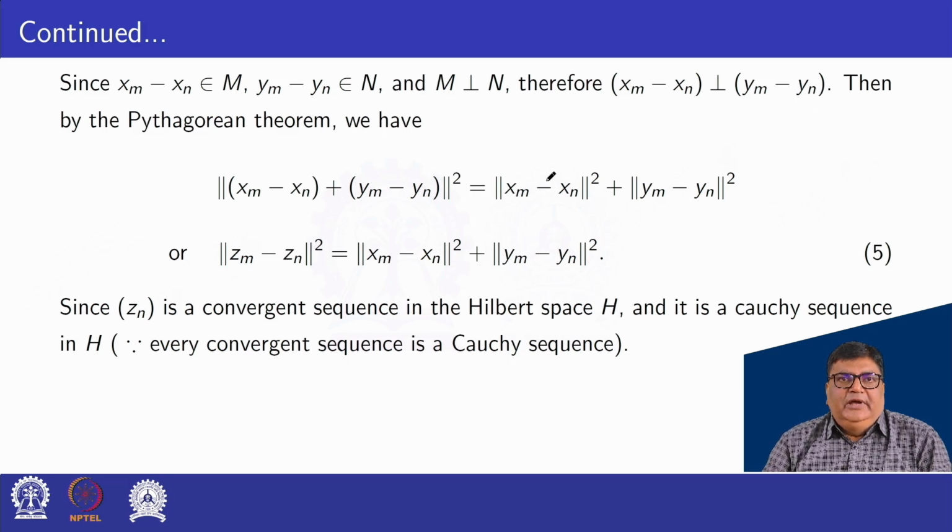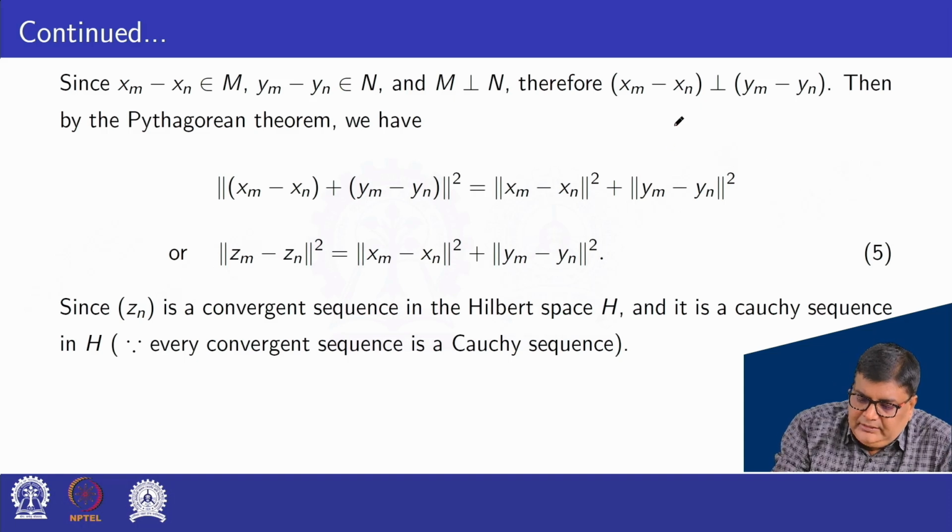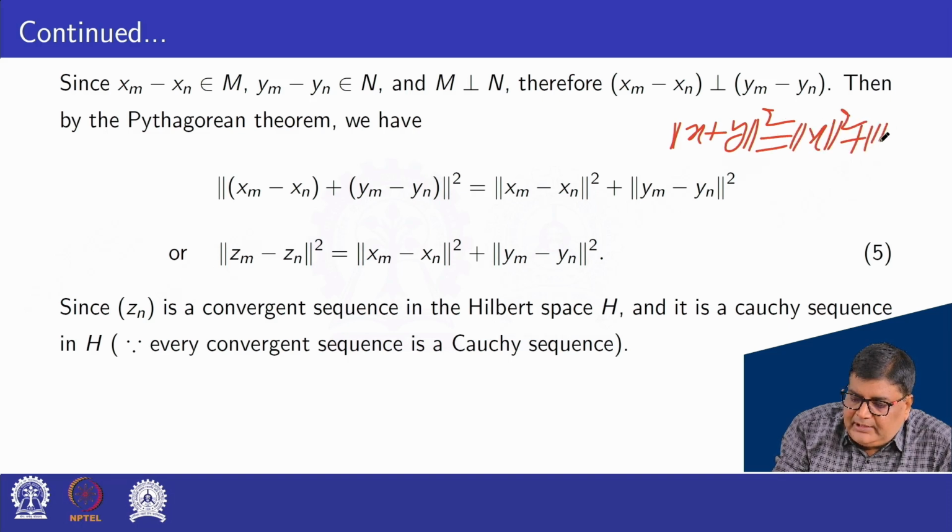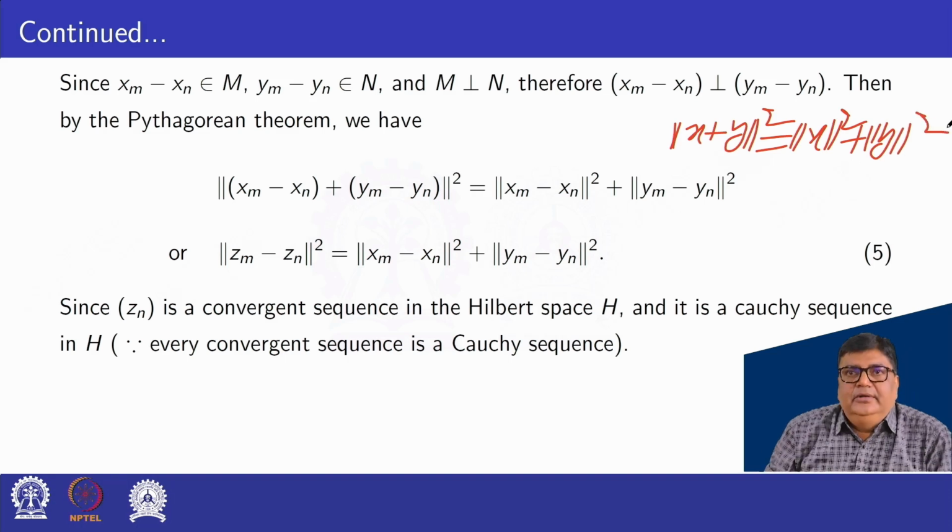Then by the Pythagorean theorem, we know that for two orthogonal vectors x and y, norm of x plus y squared equals norm of x squared plus norm of y squared.